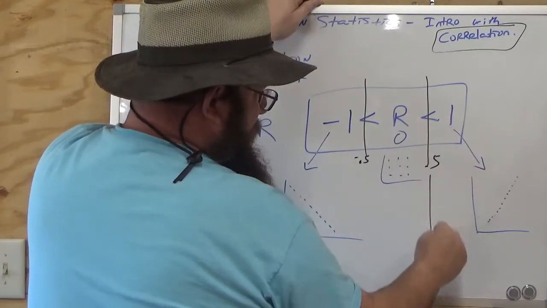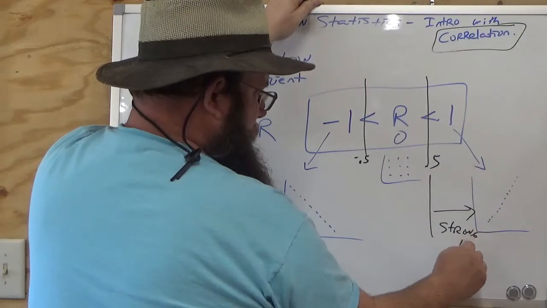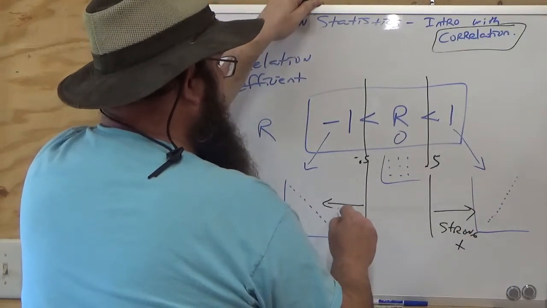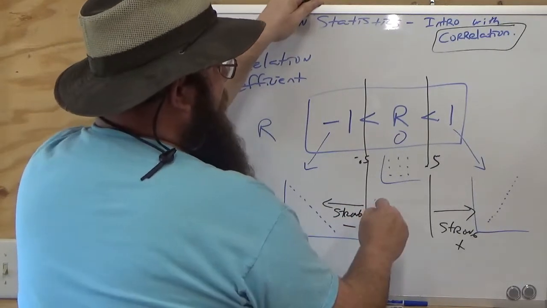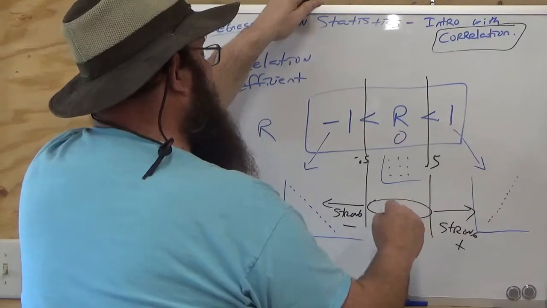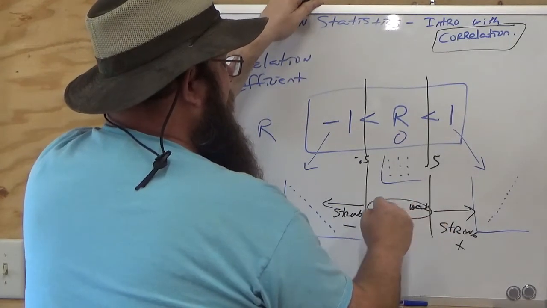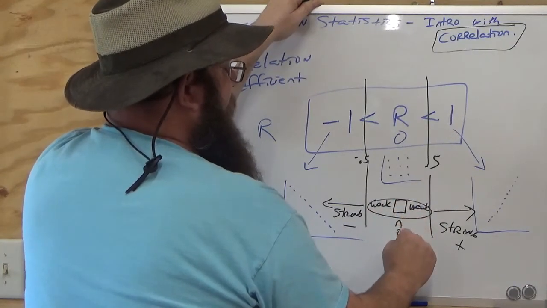So probably from 0.5 to 1, we're going to call that strong positive. From -0.5 to -1, we're going to call that strong negative. What about this region in here? Well, it's going to be weak, and then smack dab in the middle, you're going to have none.